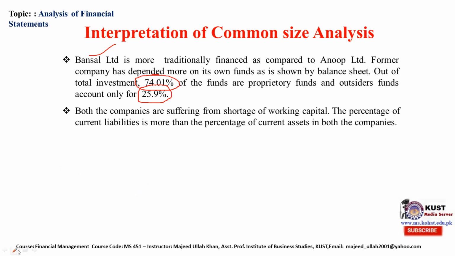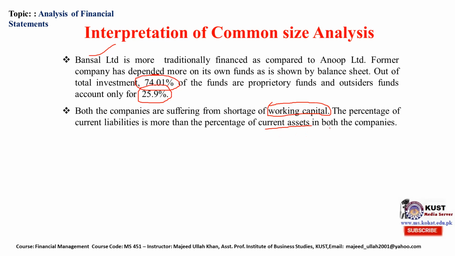Both companies are suffering from a shortage of working capital. Only 12% or 14% of the total liability is working capital. So this working capital should be increased. The percentage of current liability is more than the percentage of the current assets.